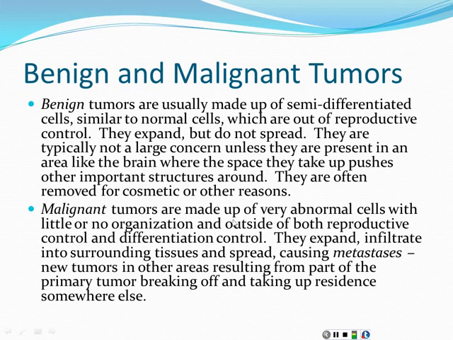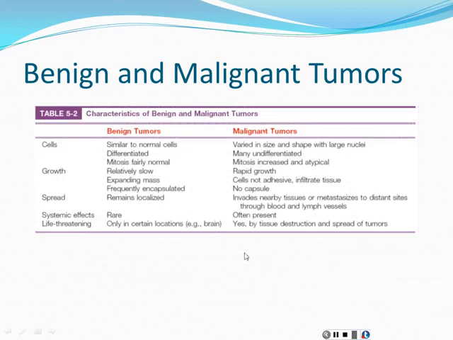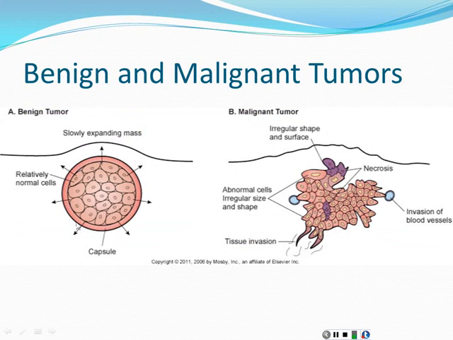And then malignant tumors are very abnormal. They don't look at all like the cells they originated from. They not only expand, but they invade and infiltrate surrounding tissues. I think I have a picture. Yeah. Instead of just expanding like a benign tissue, where you see these cells don't look terribly abnormal, in these, all the cells look different.